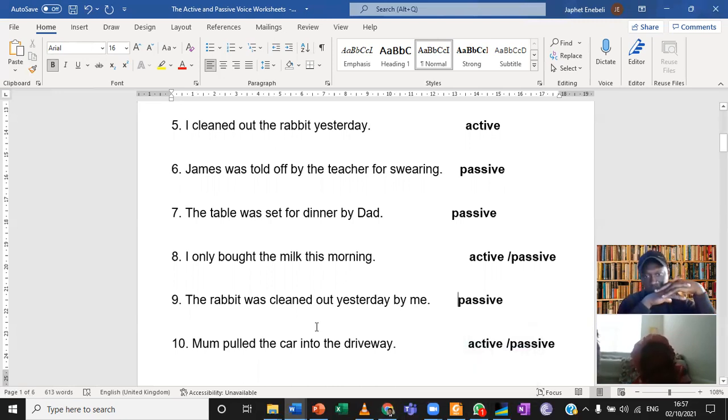Mom pulled the cart into the driveway. There is a subject.